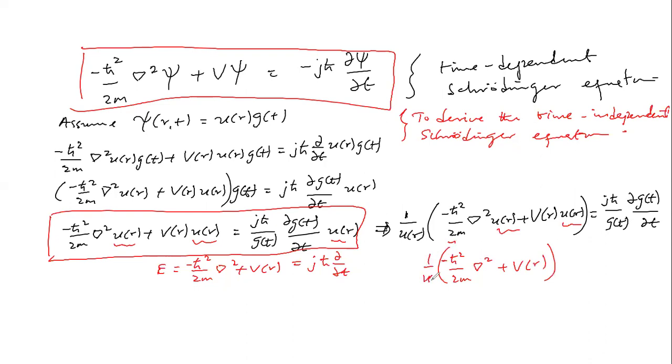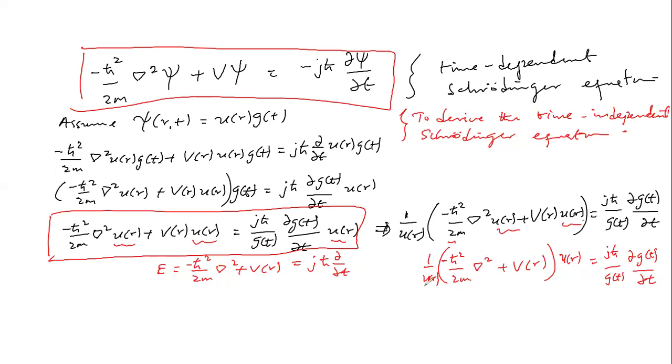This is 1 over u(r). Then once we bring this out, this is u(r). Then this would be j h cross g(t) d/dt. And then we can cross this out, and then this is the same as this.